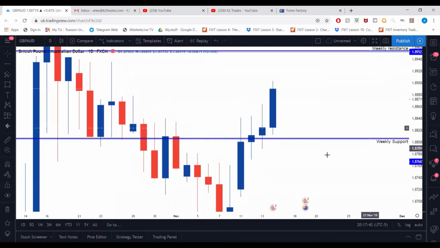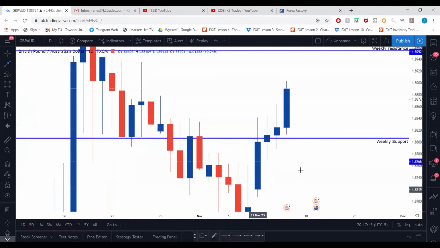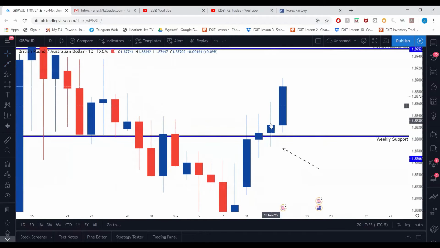And an indecision candle right here is just to mark it just in case. So both of those, they are indecision candles, and an indecision candle is the candle that has a body in the middle, and it has wicks on both sides that are almost identical in length.